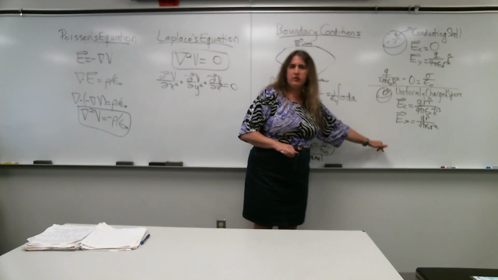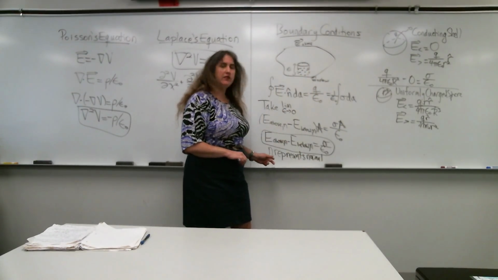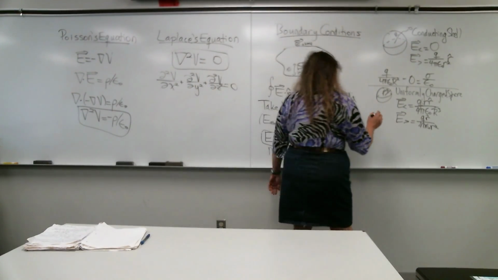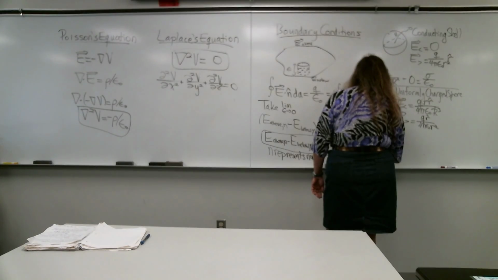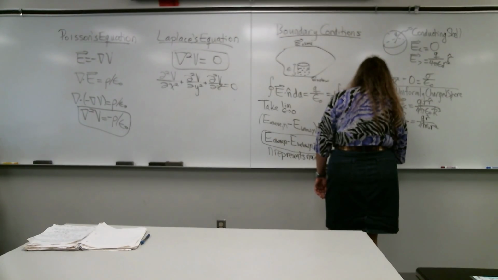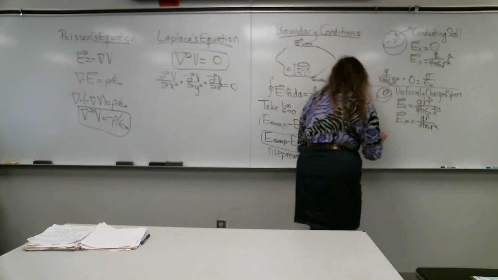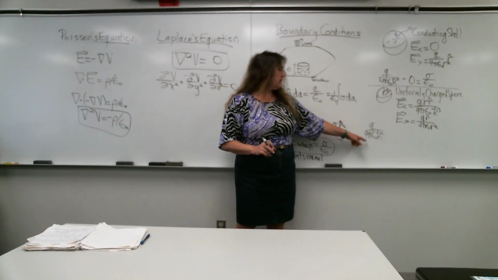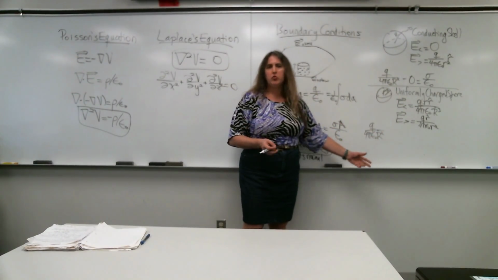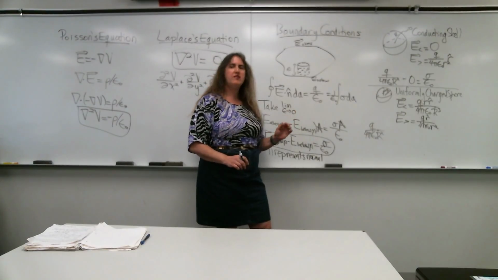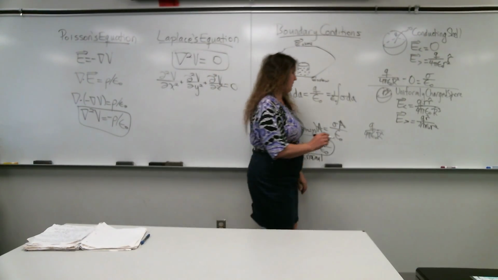I'm going to plug these two expressions for my electric field into the boundary condition. First term is just going to be Q over 4 pi epsilon naught big R squared, big R because we're evaluating it just above the surface.